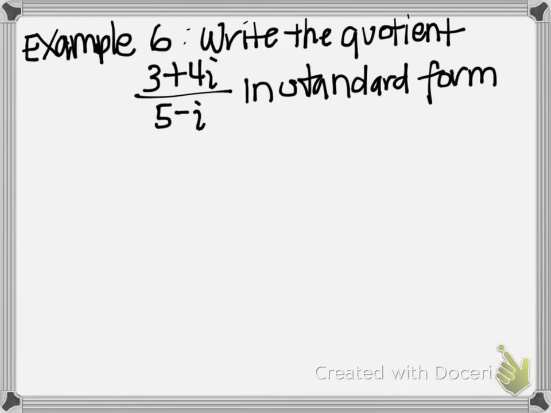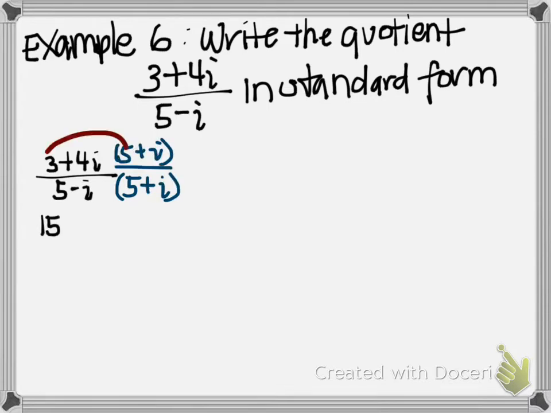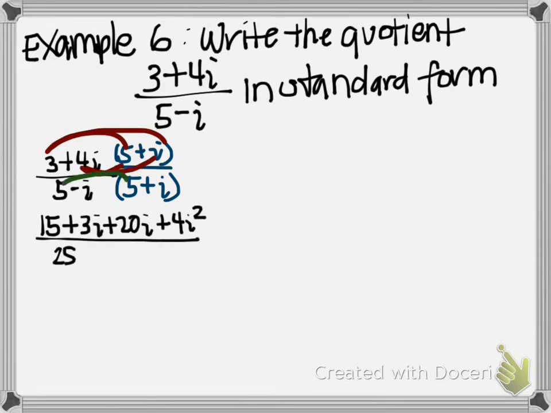Okay, so here's another example of actually rationalizing and leaving it in standard form. So again, the idea is pretty much the same. We want to go ahead and use conjugates here, so I'm going to multiply the top and the bottom by 5 plus i. We're going to use FOIL here, so we get this particular sequence. And again, I notice that there's i squared.